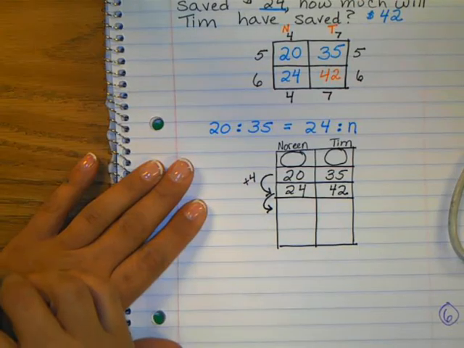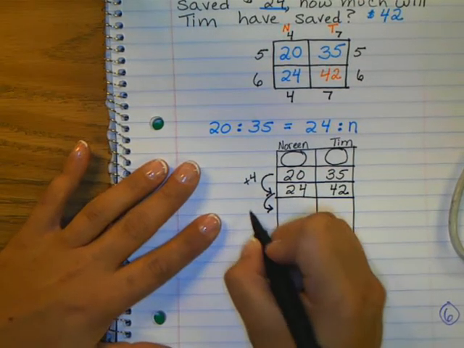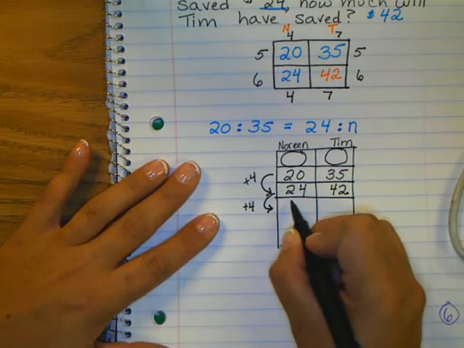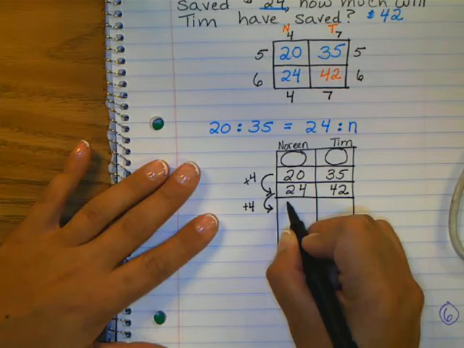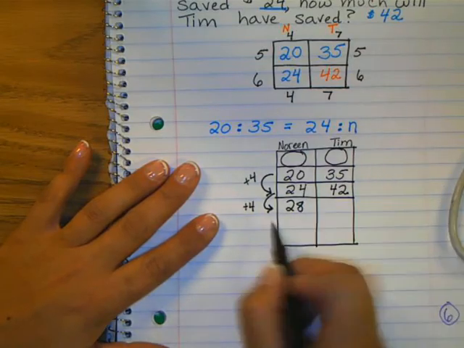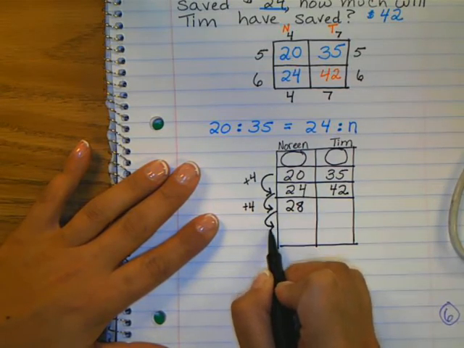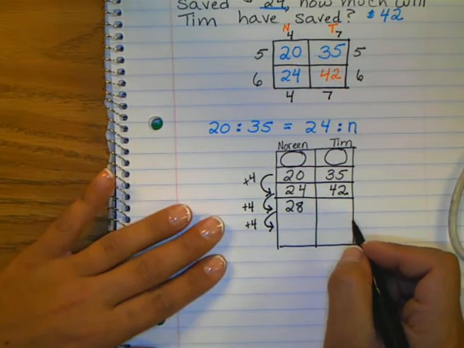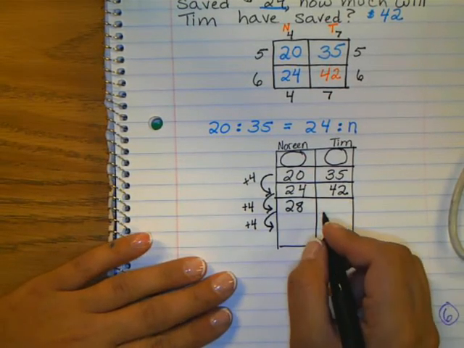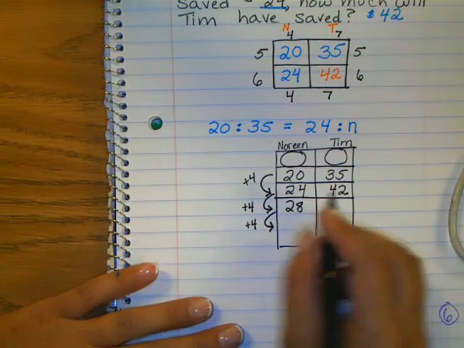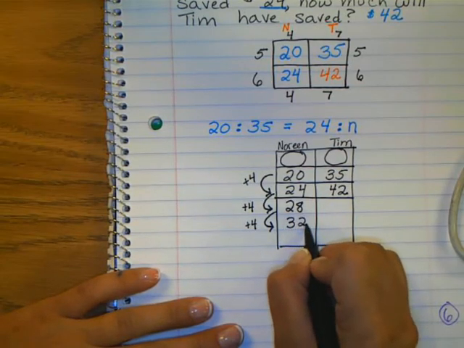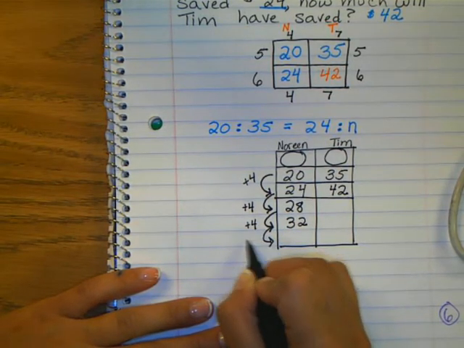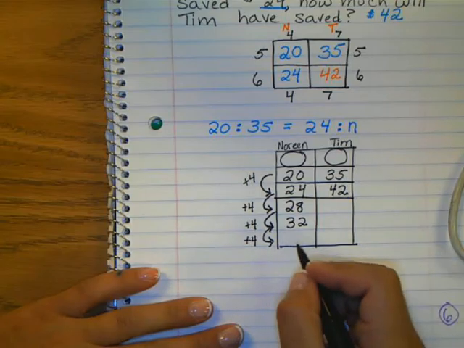Add 4 again. And what do I get? 28. Then I'm going to add 4 again because I found a pattern. What is 28 plus 4? 32. I have room for one more row. What is 32 plus 4? 36.